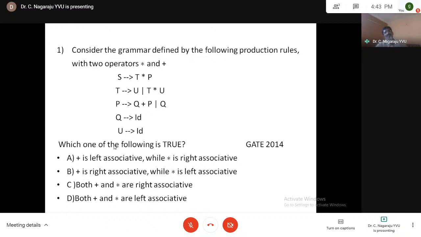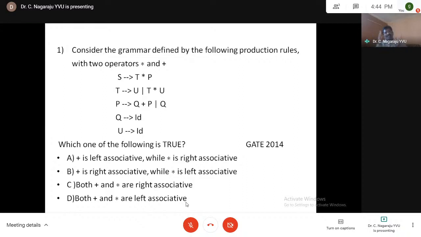What is the answer? A: plus is left recursive, while star is right recursive. B: plus is right associative, while star is left associative. C: both plus and star are right associative. D: both plus and star are left associative.